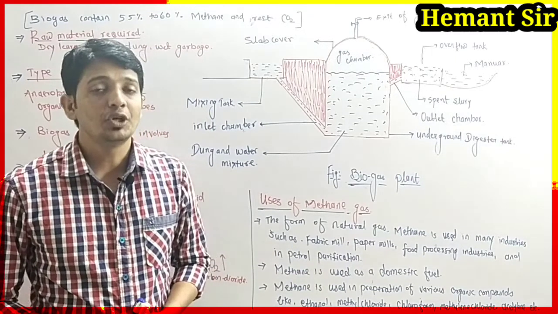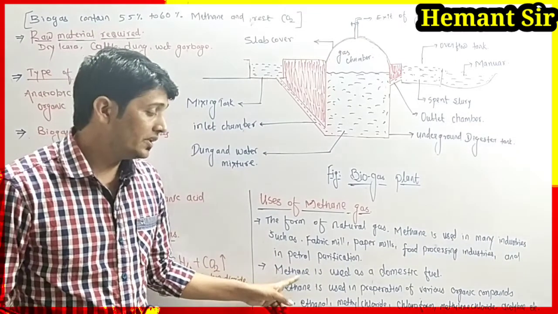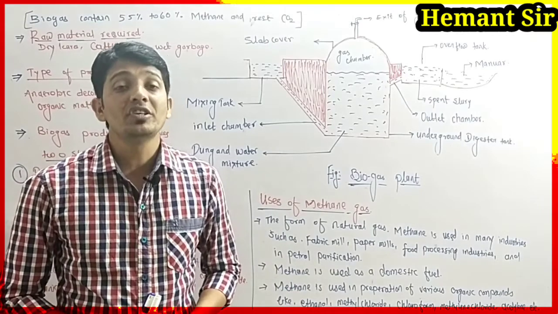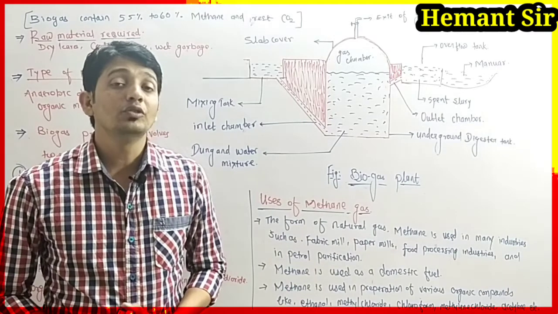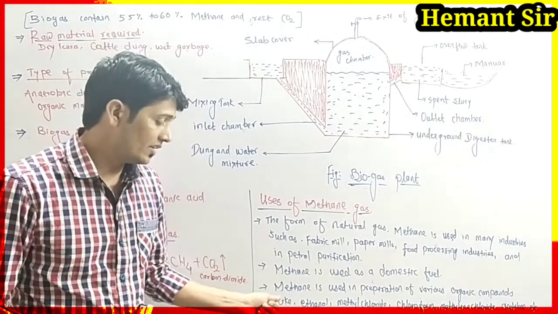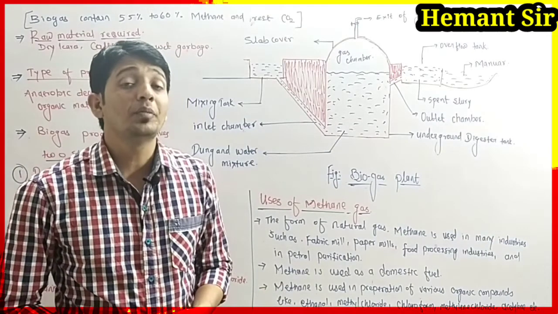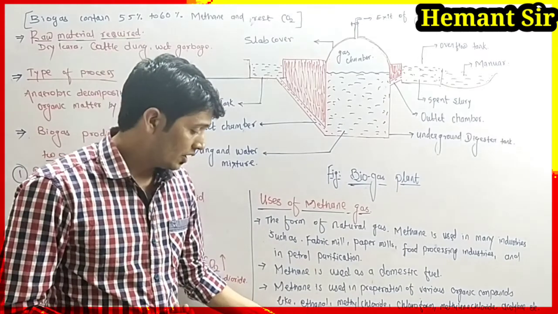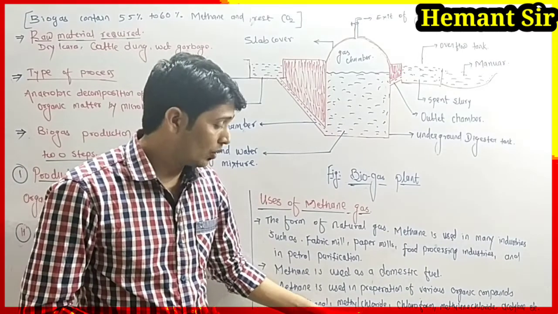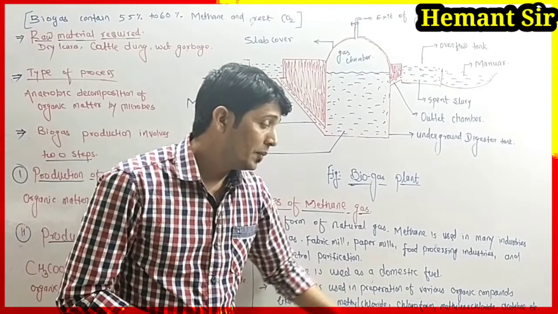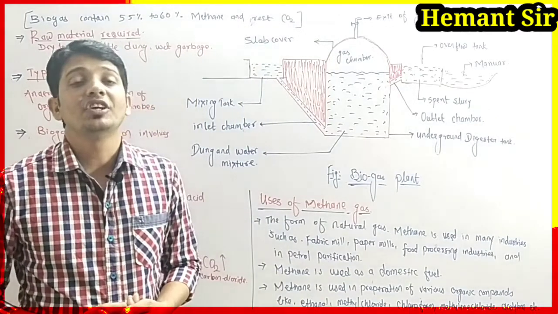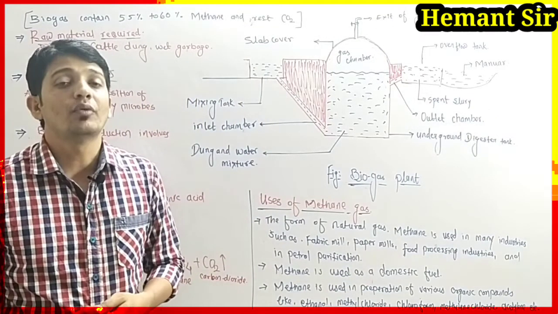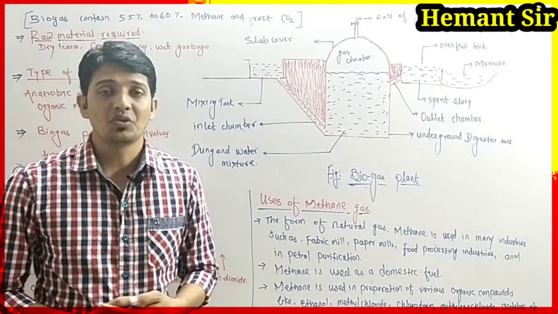Next, methane gas is used as a domestic fuel for household purposes. Next, methane is used for the preparation of various organic products like ethanol, methyl chloride, chloroform, methylene chloride and acetylene. All these products are formed with the help of methane gas only.